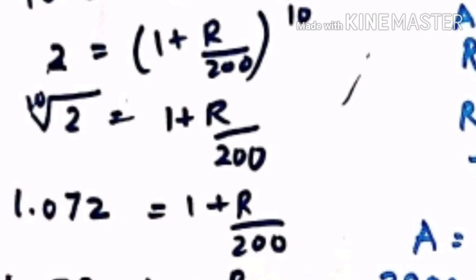Now as I want to remove that power 10 on the right hand side, I will take the 10th root on both sides. So the left hand side, the 10th root of 2, can be written as I have written. You can see the root sign and the 10th root of 2, and on the right side, the 10th root I have taken, so power 10 is removed, and 1 plus R by 200.